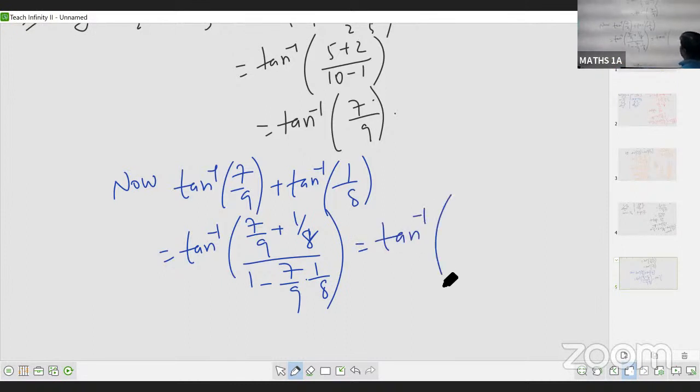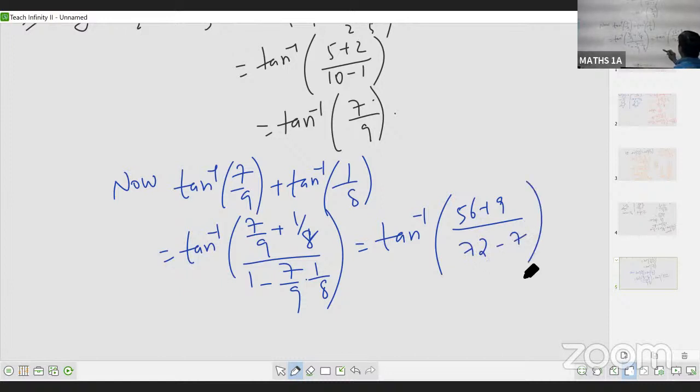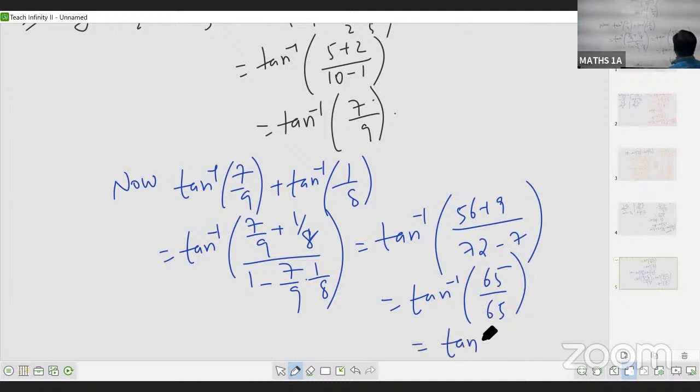Tan inverse of 7 8s are 56 plus 9 by 72 minus 7. That is tan inverse of 56 plus 9 is 65, and this is also 65. That is tan inverse of 1, which is pi by 4.